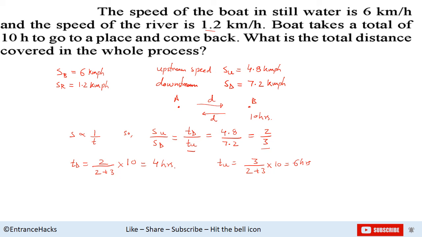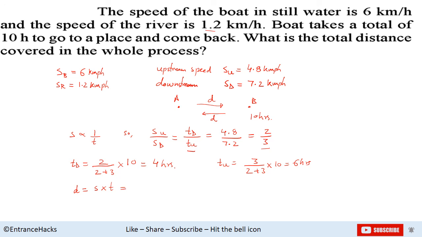So that means if the boat has to go downstream, it takes 4 hours, and when the boat has to go upstream, it takes a total of 6 hours. The question is: what is the total distance covered in the whole process? The total distance can be calculated by using any of the above and multiplying that by 2, right? So let's go for the downstream time. We'll calculate distance is equal to speed into time.